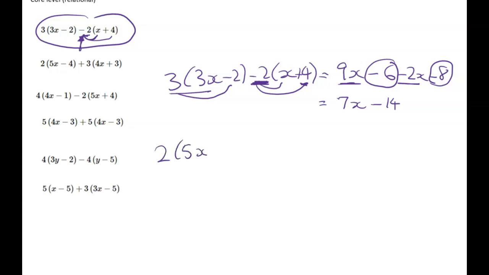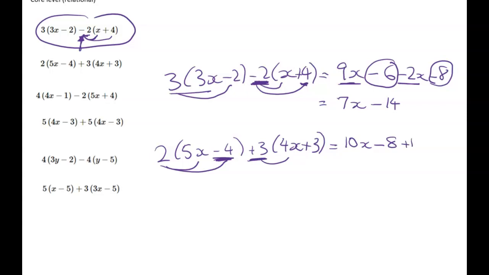Okay, so 2 times 5x minus 4 plus 3 times 4x plus 3. Working slowly, 2 times 5x gives me 10x. 2 times negative 4 gives me negative 8, or take away 8. Next up, plus 3 times 4x is plus 12x. 3 3s are 9.